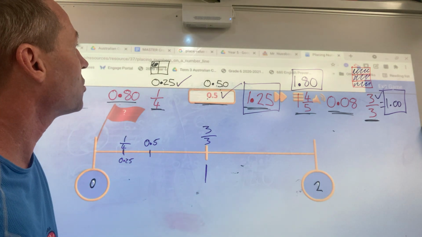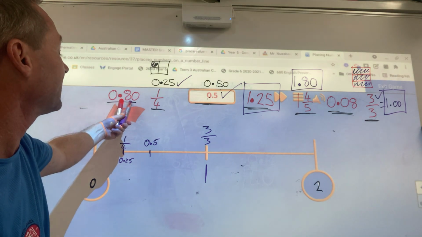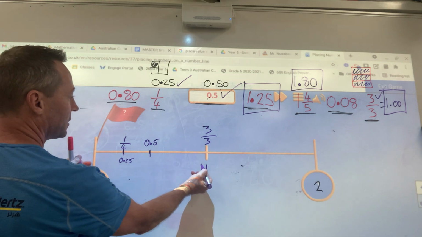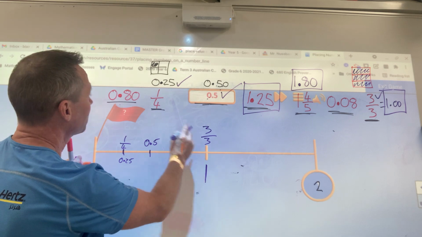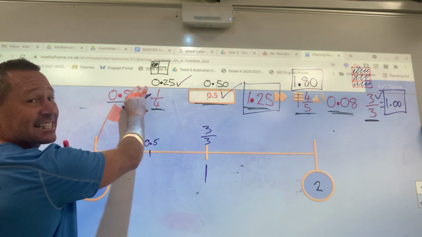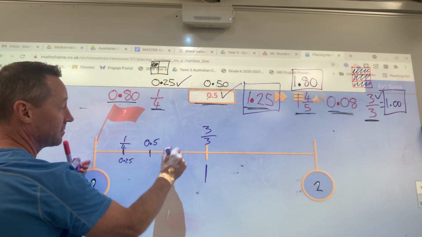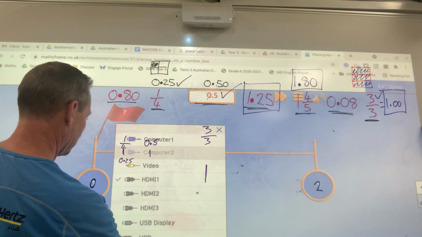Next one, I might go with 0.8, or 0.80 actually it is. So between 0 and 1, I'd have to slice it into 80 pieces. But I know if I do 8 tenths, I cut into 10 bits.